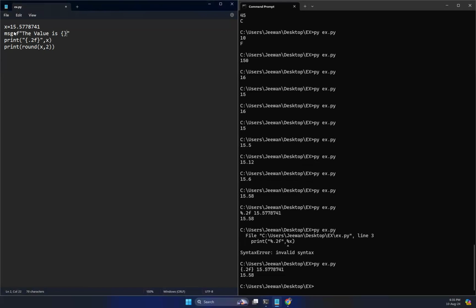The value is, and then you can have whatever the value is, x. The value is, we can have x colon 0.2f, and then f, okay, then you can print the message.